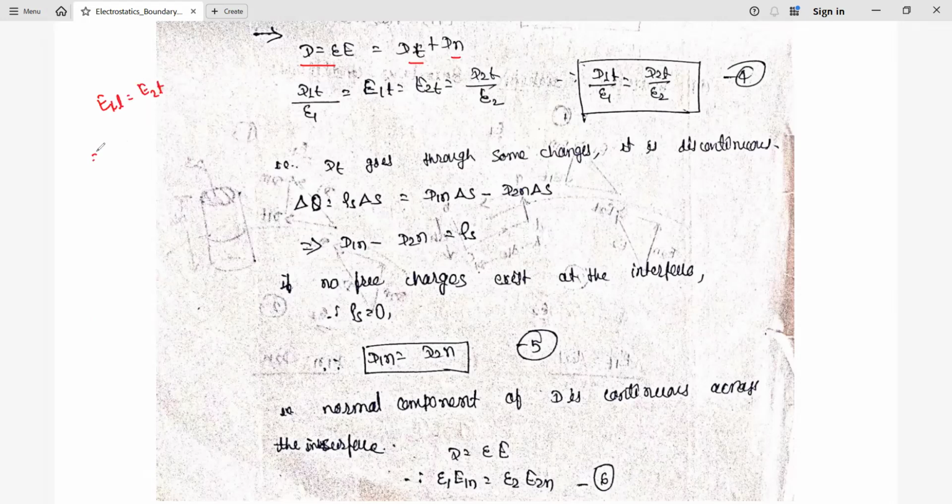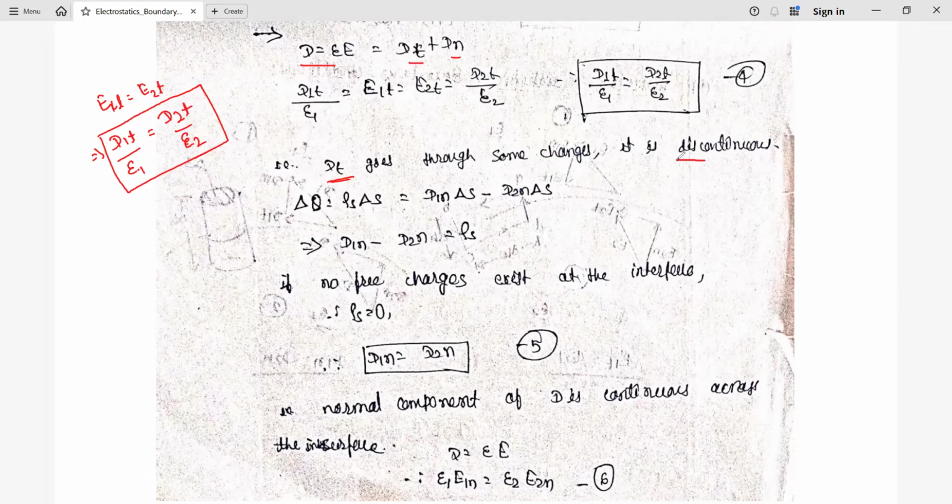So E1t can be written as D1t divided by epsilon 1, and E2t equal to D2t by epsilon 2. So finally these two are equal in case of flux density. So this tangential component goes through some change here. It is not equal, right?